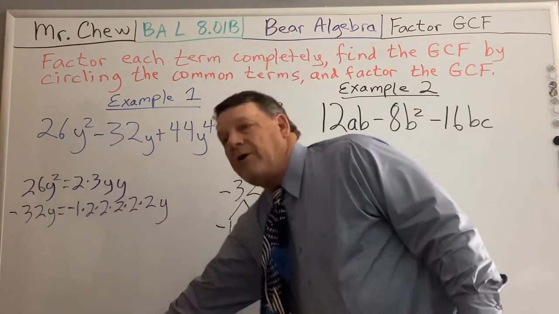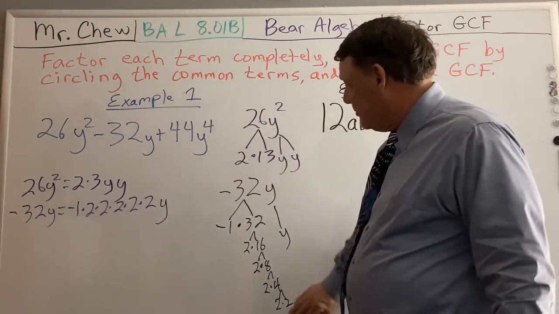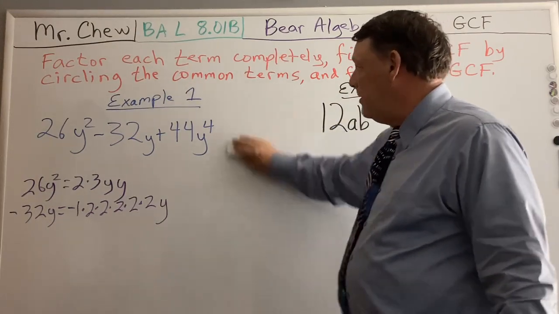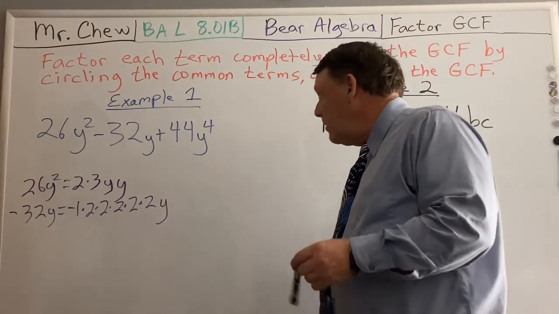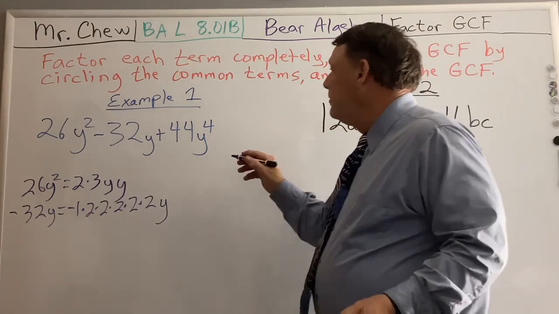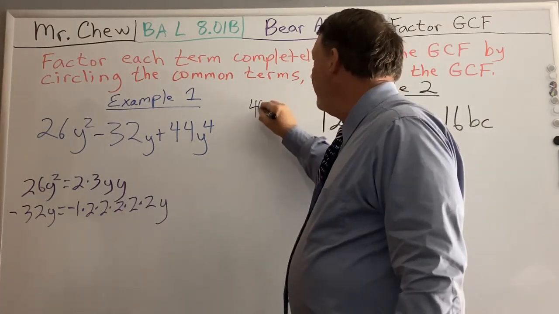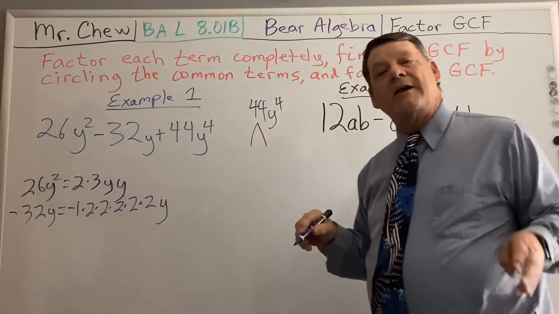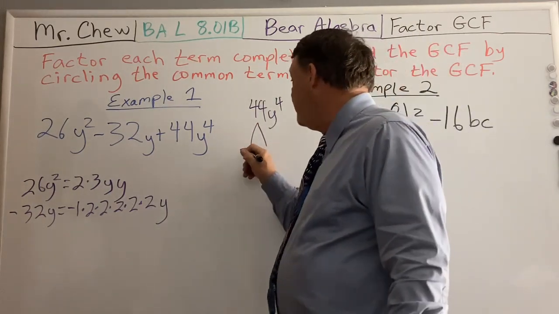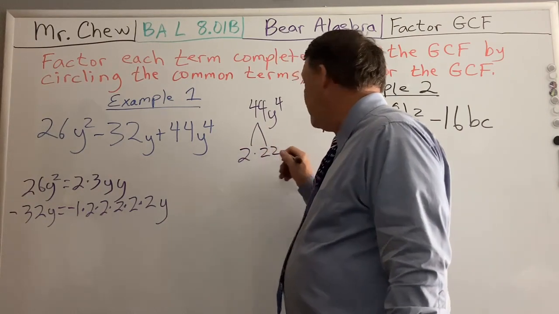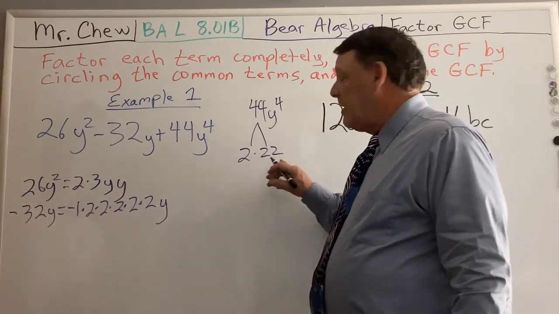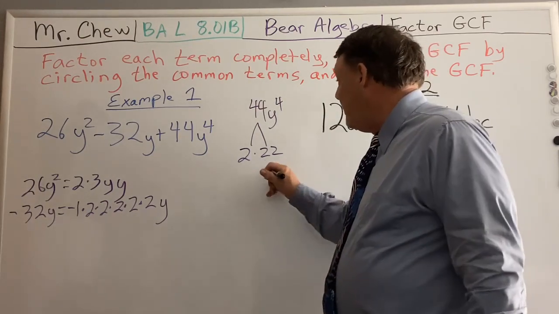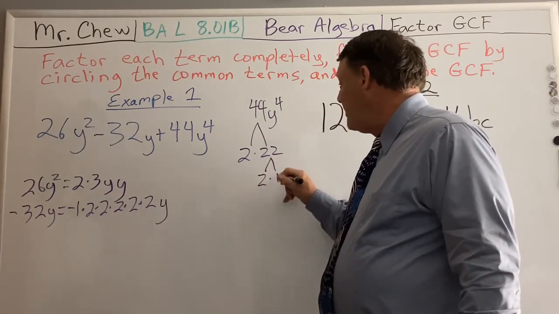All right, now I'm going to erase these two factor trees because I'm running out of board room. And I'm going to do the 44y to the 4th. For 44y to the 4th, the lowest prime that I can divide 44 by is 2. And that's 2 times 22. And the 22, the lowest prime I can divide evenly into 22 is 2 times 11.